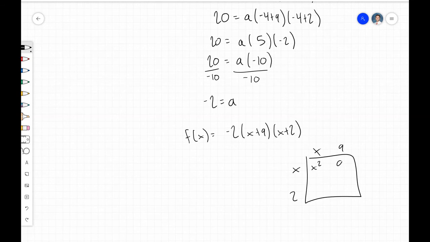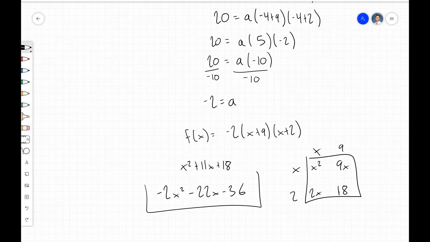That's x squared plus 9x plus 2x plus 18. So that's going to be x squared plus 11x plus 18. So then each of those terms will be multiplied by -2, giving us -2x squared minus 22x minus 36. And that would be our function.